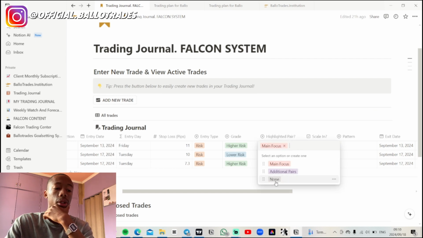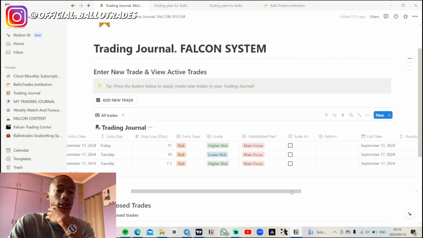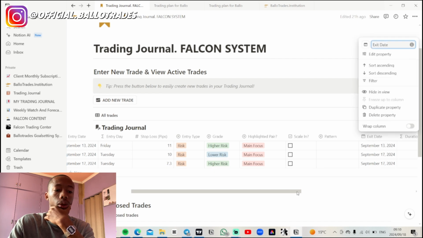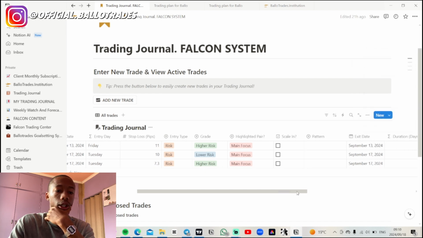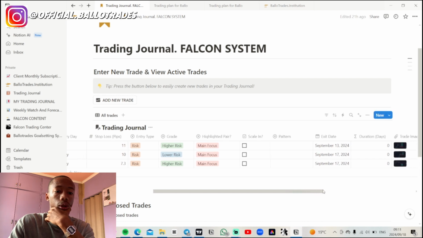I don't have additional pairs, so it would be none because it wasn't part of the pairs I look for that day. Then the trade took me out the same day. As you can see, the exit date was the same day, and the duration in days is 0. Then let me show you the screenshot of the trade.